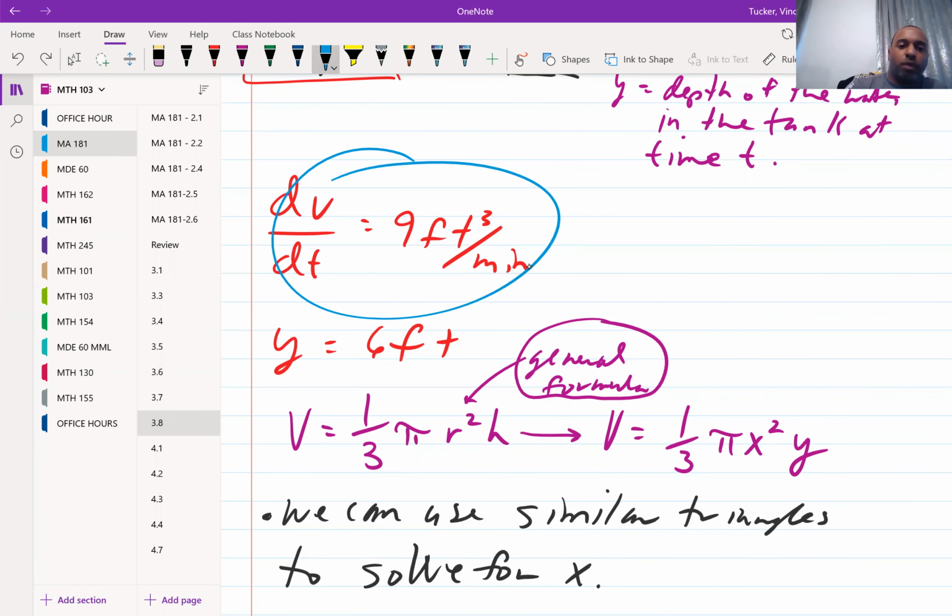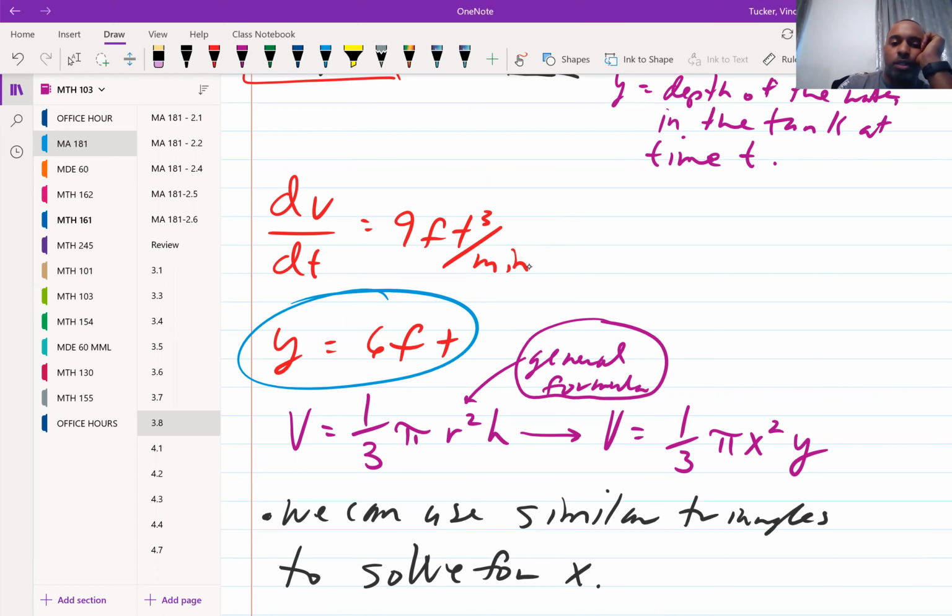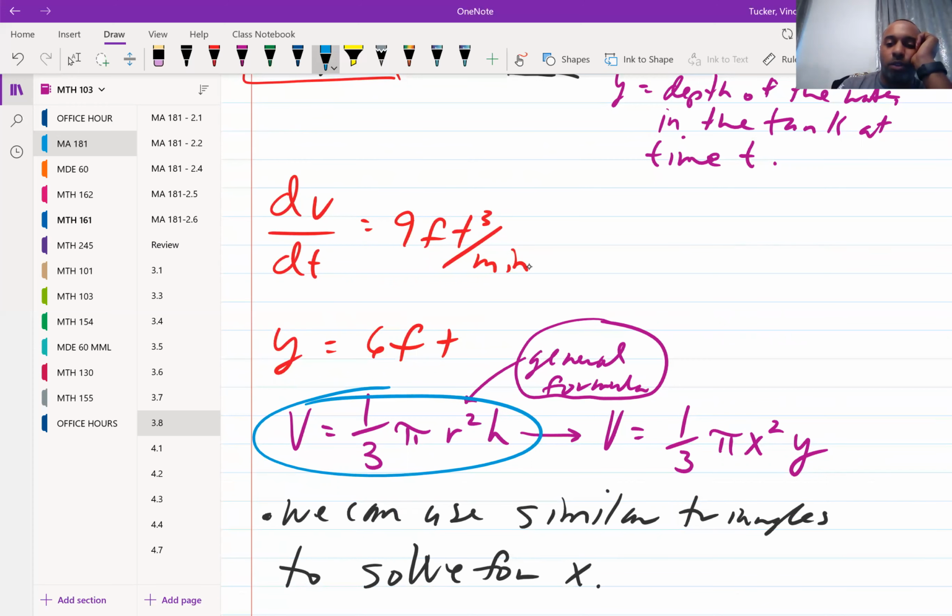I already mentioned that the derivative of V with respect to t is 9 cubic feet per minute. Y is equal to 6 feet. And this is your general volume formula. The radius is X for us, and the height is H.